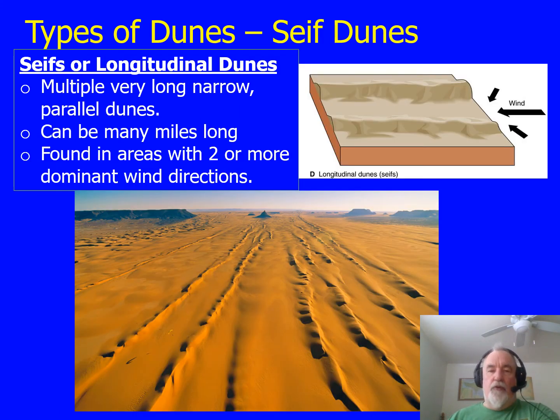The third type of dune is referred to as a longitudinal dune or a seif dune. We use the term longitudinal more often in the western states here. Basically, we have these long lines of dunes, and in this case, we have a wind direction coming in from one direction, tangent to another direction. Cumulatively, these would run parallel to the dune lines themselves.